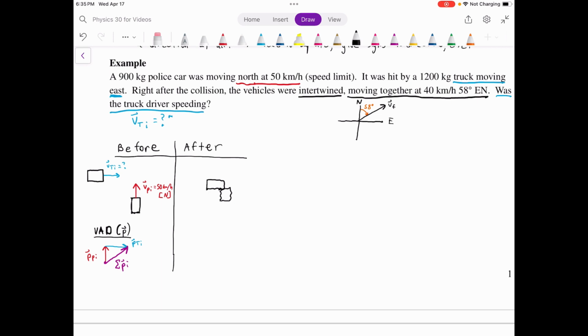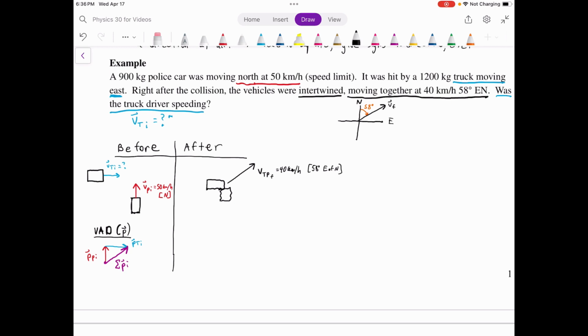It's east of north, okay? So that is our velocity of our, I'll say TP for truck police system, because now they're really one final object, right? So V truck police system final is 40 kilometers per hour at an angle of 58 degrees east of north.